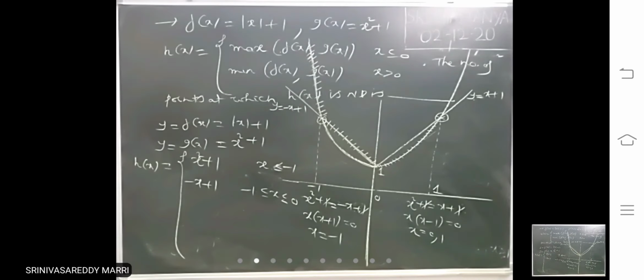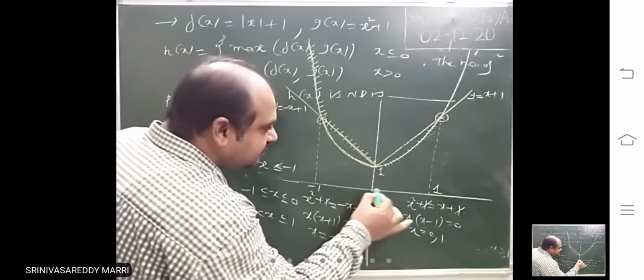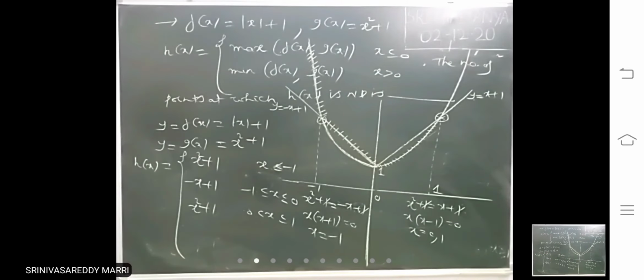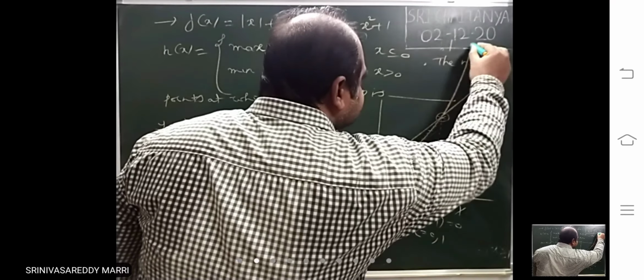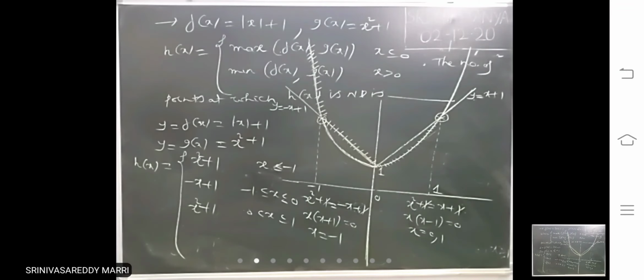Minimum is what? x square plus 1 when 0 to 1. Greater than 0, na? That means from 0 to 1. So next, when x greater than or equal to 1, this is x plus 1 and this is x square plus 1. Maximum means above graph. That means when x greater than or equal to 1.